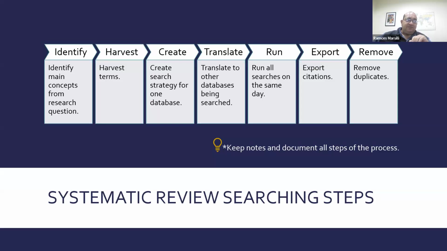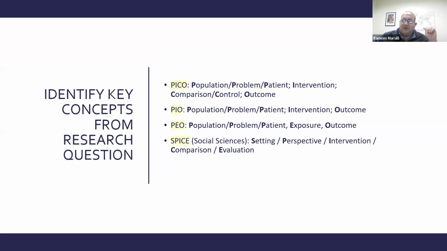Okay. Now, as far as identifying, let's go little by little here. So, identifying main concepts from the research question. Let's do that first. We have all these mnemonic devices that can help you. PICO seems to be one of the, if not the most popular, which stands for population or problem or patient, intervention, comparison or control, and then outcome.